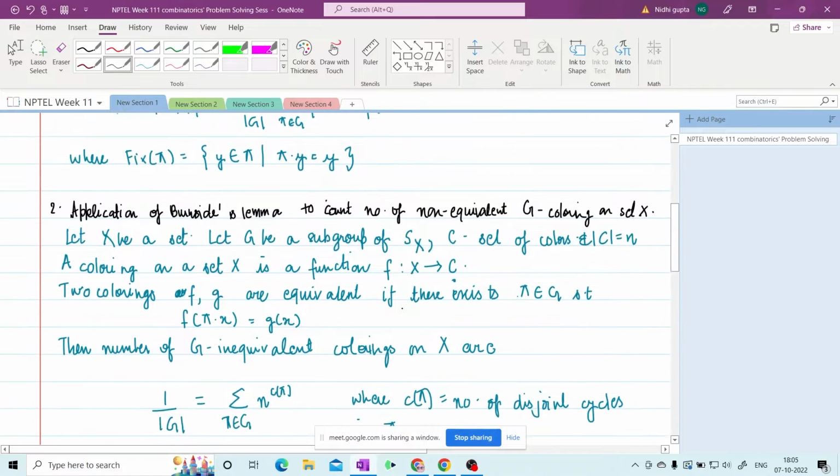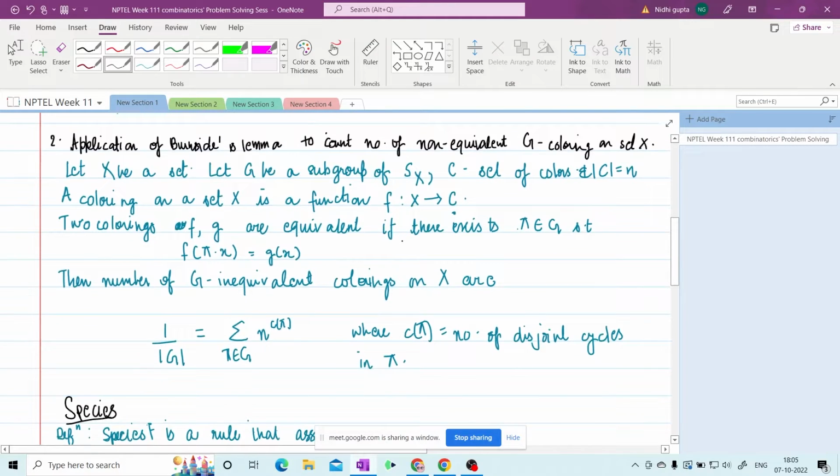Now if we want to count the number of G-inequivalent colorings on X, they are given by 1 over mod G times the sum of N to the power C of pi, where pi belongs to G. Here N is the number of colors and C of pi is the number of disjoint cycles in pi.